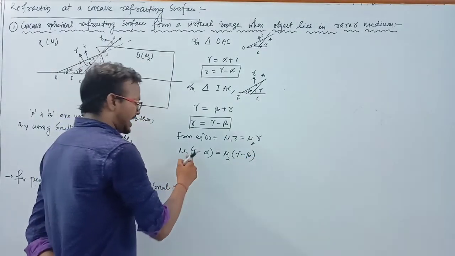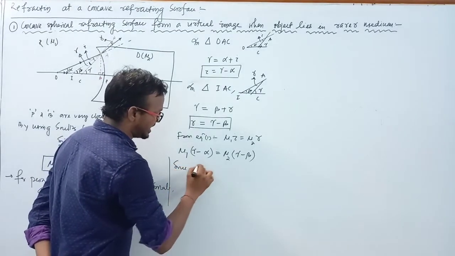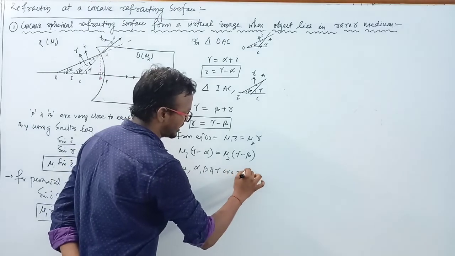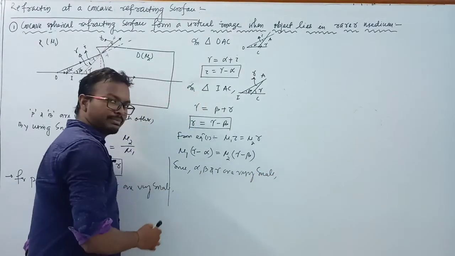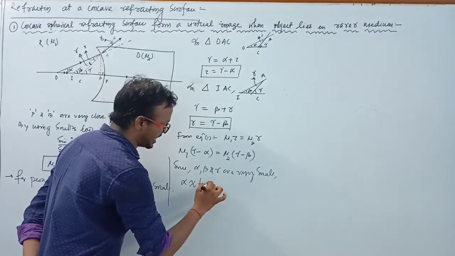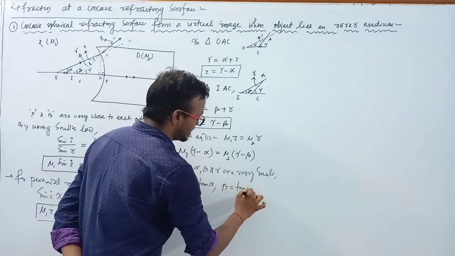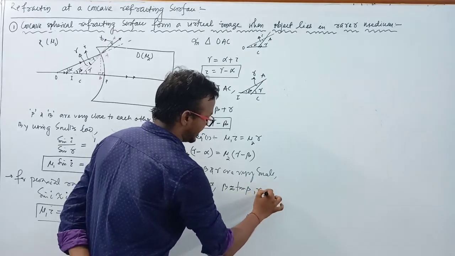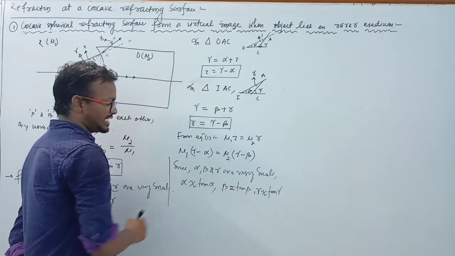But alpha, beta, gamma are very small, since for a paraxial ray alpha, beta and gamma are very small and they can be replaced by their tangents. So you can write alpha is nearly equal to tan alpha, and similarly beta is nearly equal to tan beta, and gamma nearly equal to tan gamma for a paraxial ray.